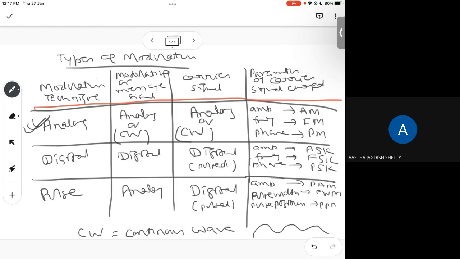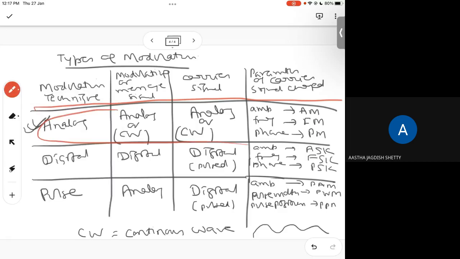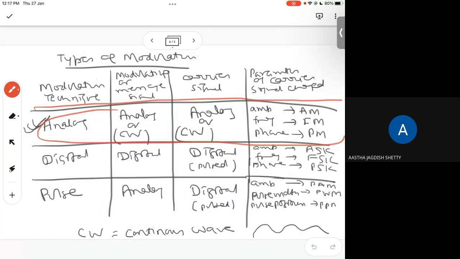But as I said, here we'll consider only this part. So for us, this is what we are going to discuss: analog modulation, where both the message signal and carrier signal are analog in nature or CW in nature. I can change one of the parameters of the carrier signal, either amplitude, frequency, or phase. It will give rise to three types of modulation: AM, FM, and PM.